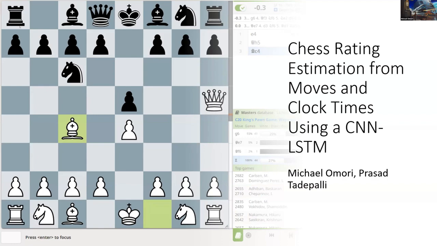But if you're just trying to guess the skill of the player who's playing the moves, it'd be pretty difficult because you've only seen a few moves so far, and even the world chess champion Magnus Carlsen has played it. So everyone from beginners to champions can play the same types of moves.